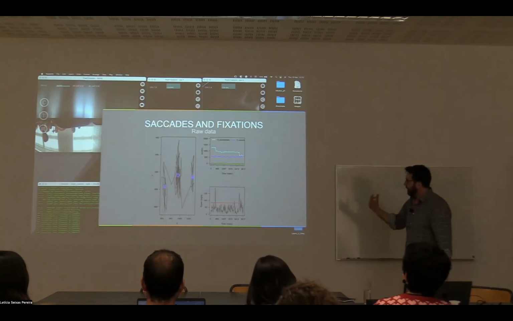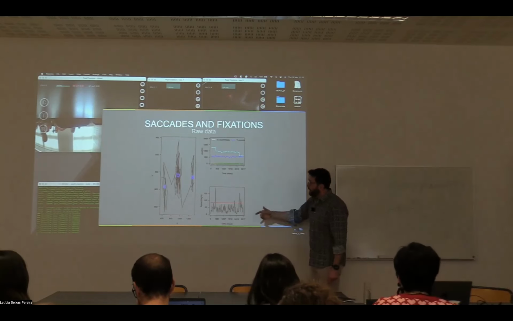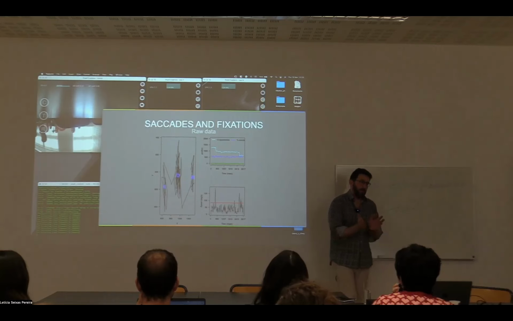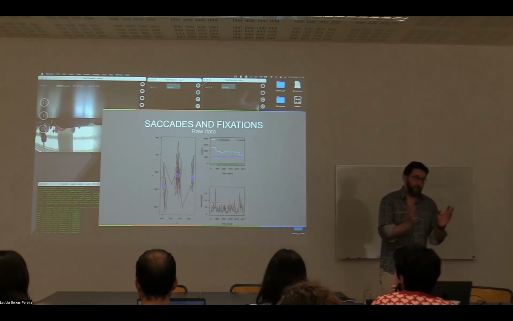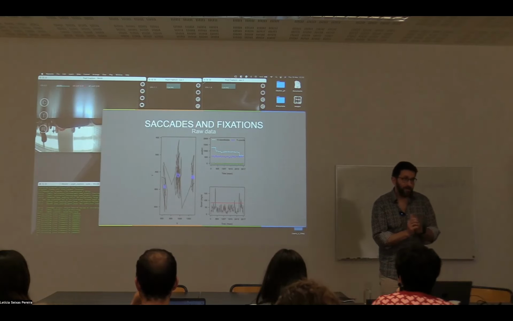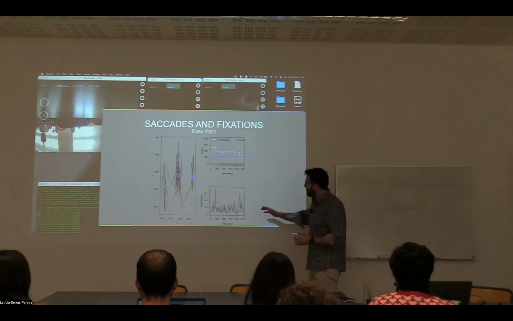Then, having the position of the eye and the speed, we translate it into fixations, using one of two algorithms. One is based on the dispersion of the positions of measured eye positions, and the other is based on speed.